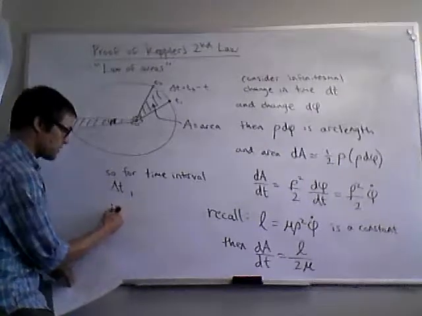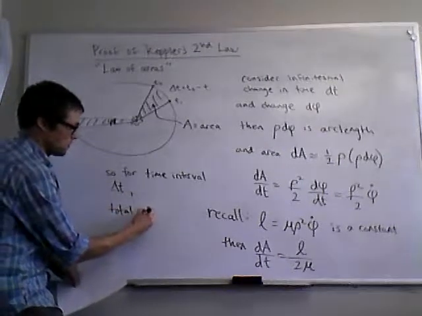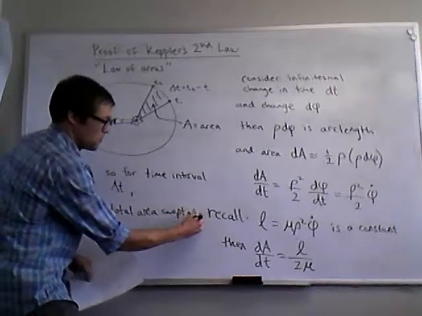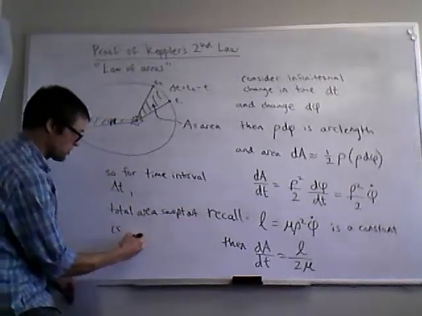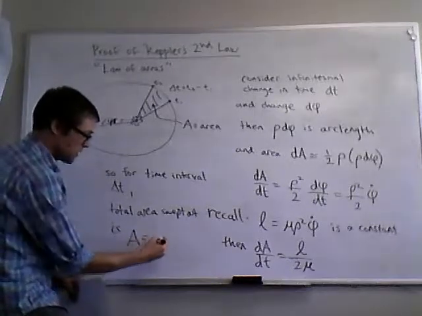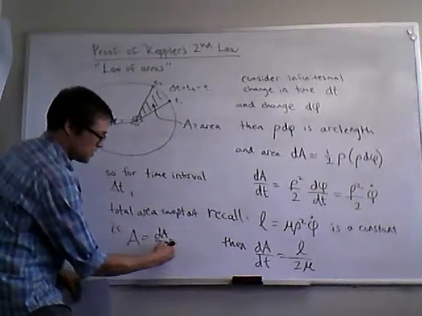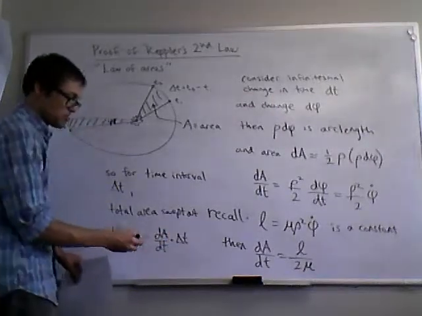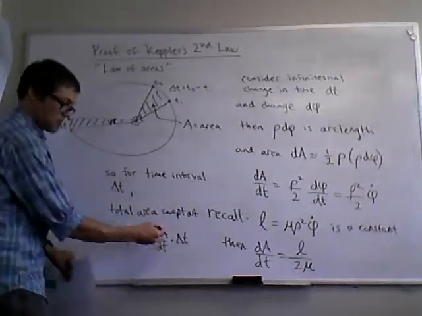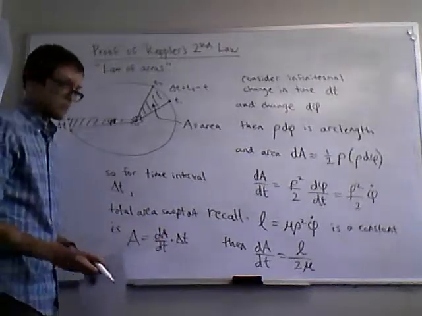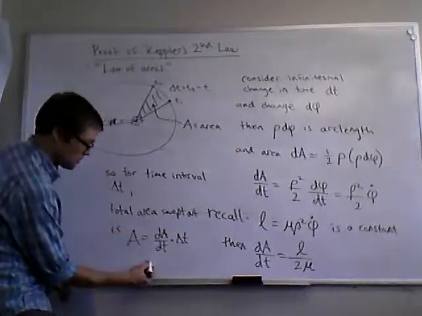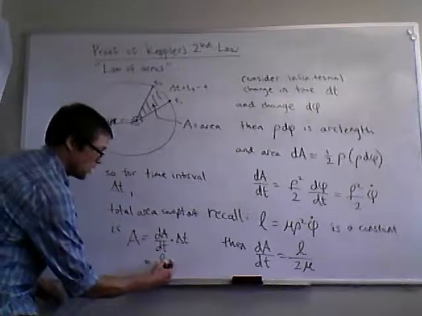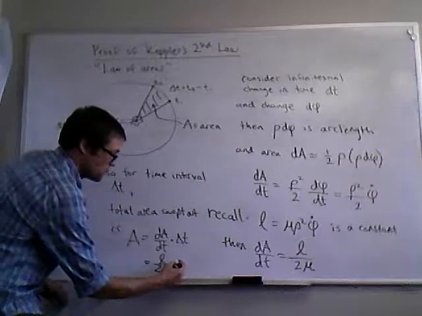The total area swept out is just going to be big A, which is dA dt times this delta t. And this is only possible in this case, remember, because this is a constant. If dA dt were changing with time, you can't do this without some kind of integral. So this is equal to L over 2 mu delta t.